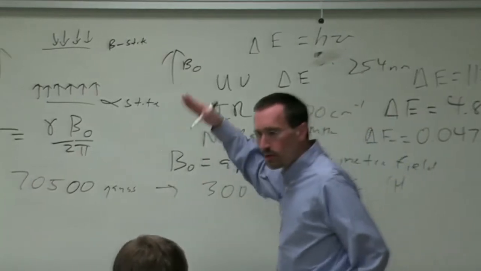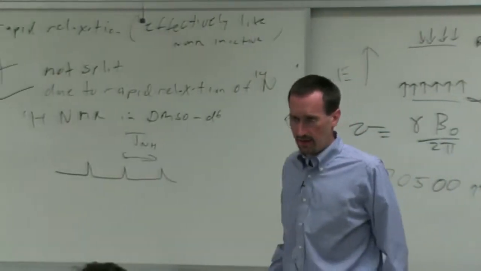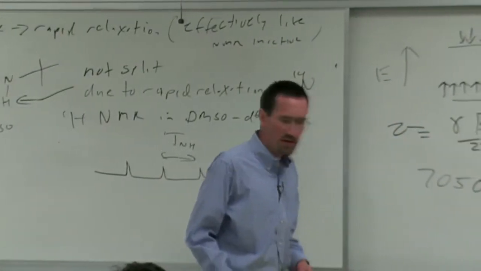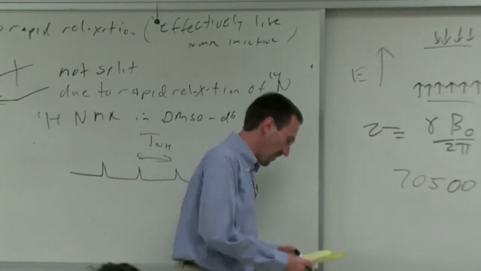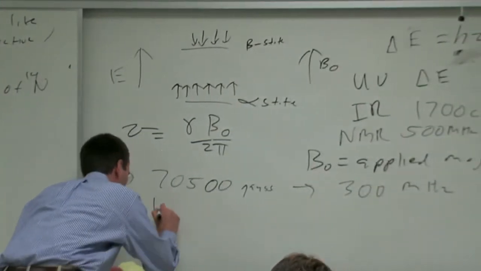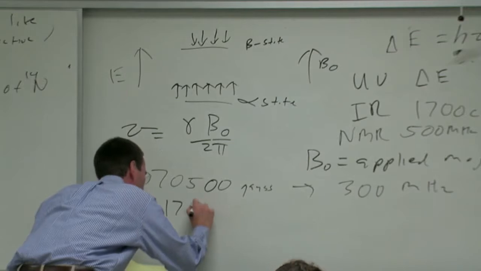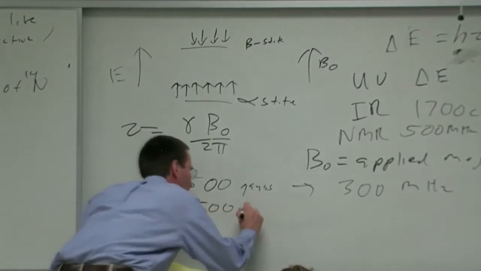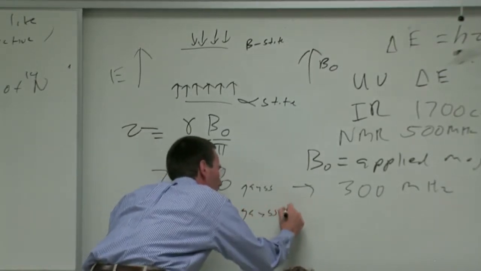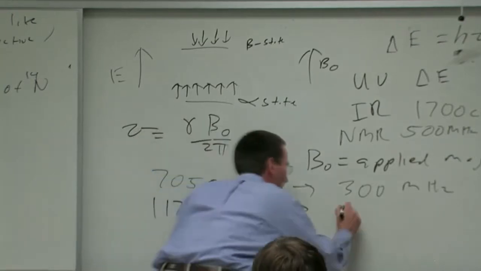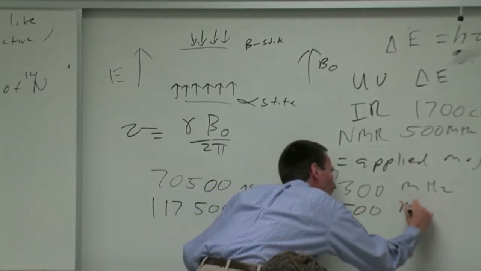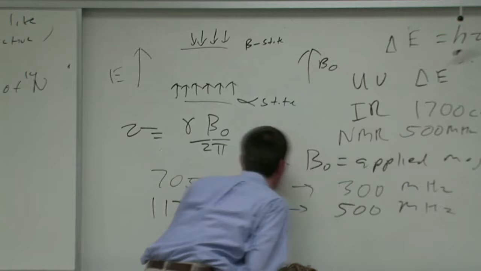If we go to a higher magnetic field, that leads to a higher frequency. It's going to be in a linear fashion. So if I apply 117,500 Gauss magnetic field, now we're at a 500 megahertz NMR spectrometer.